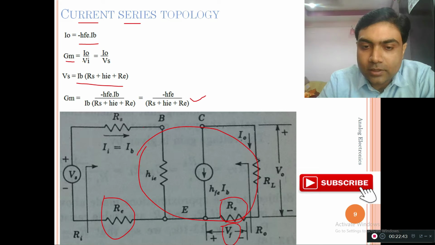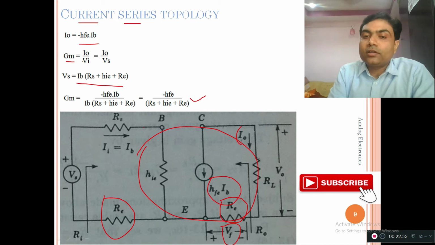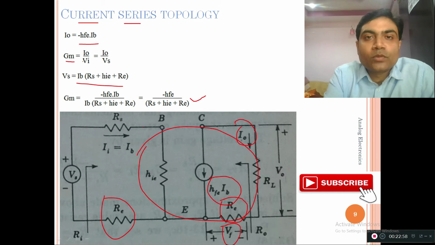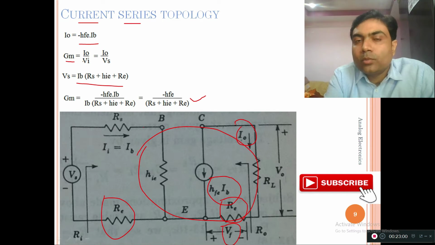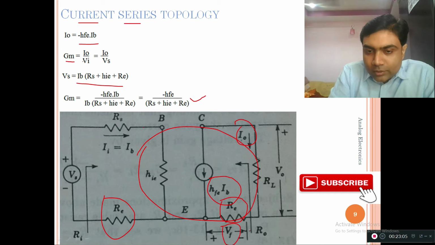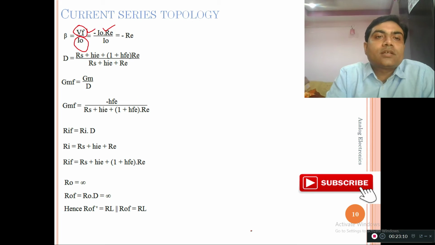VF is nothing but the I naught which is flowing across RE. I can also write it in terms of HFE into IB, but why am I preferring I naught? Because we are interested in sampling the output current, so I have to write the formula in terms of the output current only. I naught is entering from the minus terminal of the potential, so minus I naught into RE. So I naught gets cancelled, and this is the value of beta.